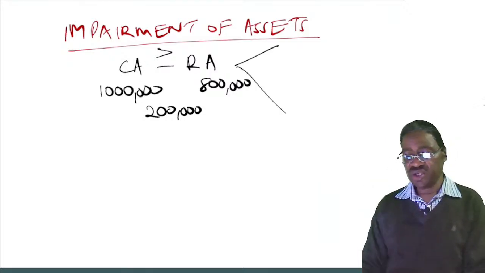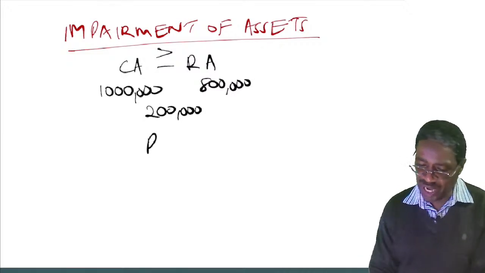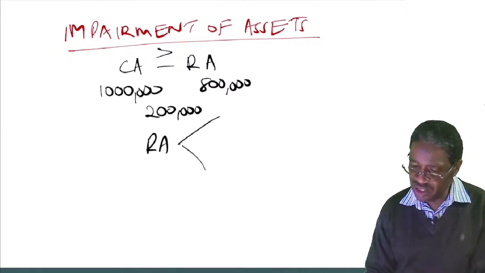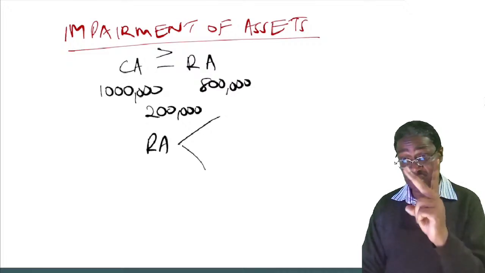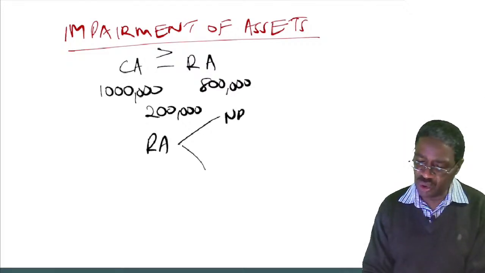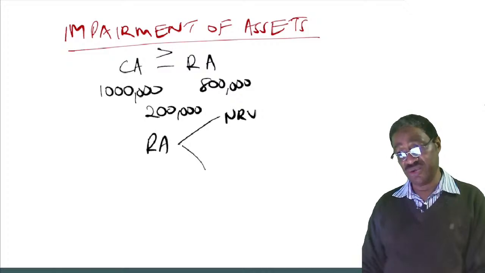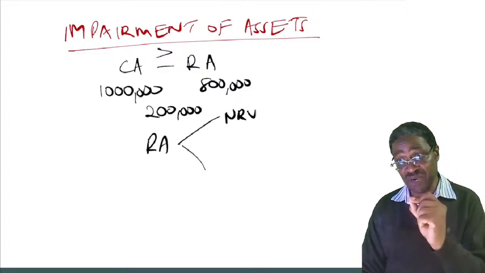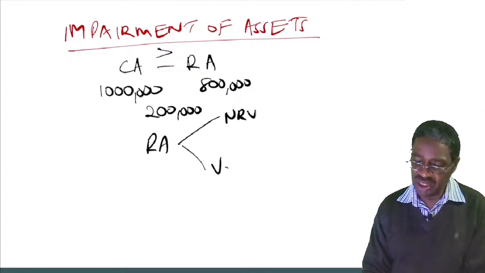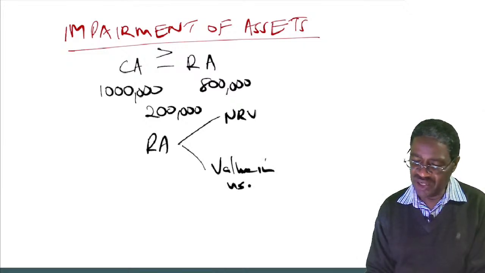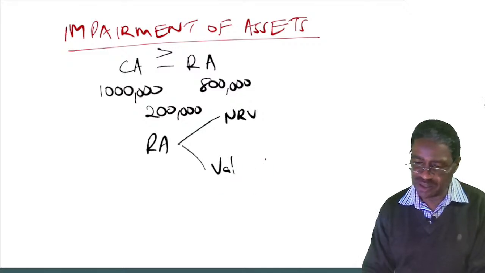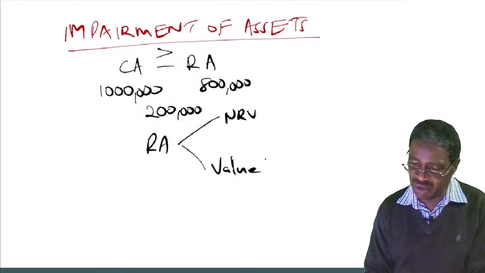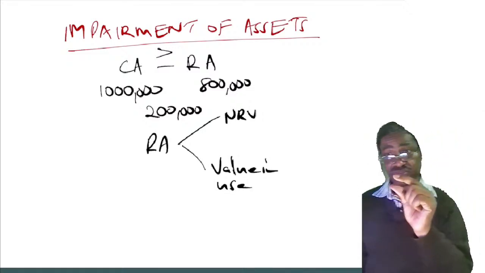One of them is what you call the net realizable value, and the second one is what we call value in use. So you calculate those two values for that particular asset.